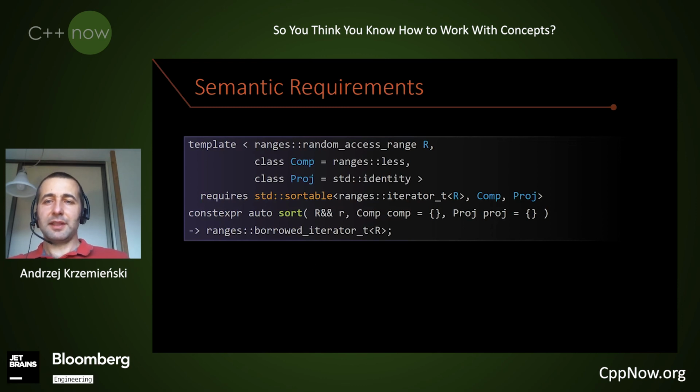No type is an iterator by accident. If you add in your type operator star, operator plus plus, it doesn't become an iterator. You have to specialize iterator traits or do a similar trick. There is no way you can make your type an iterator unless somewhere, some way, you declare it. So in fact, it is a fiction that you get duck typing kind of concepts.